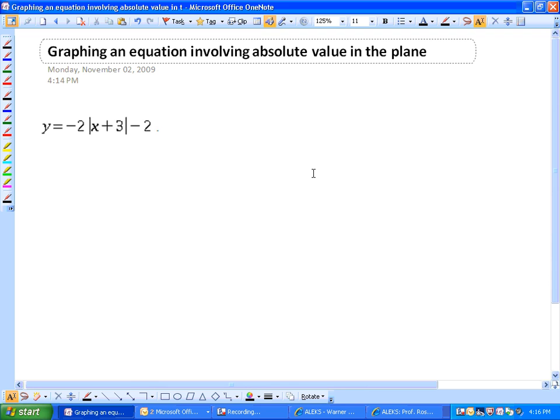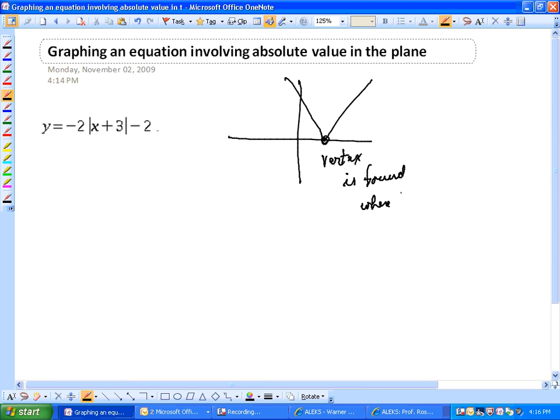There we go. Graphing an equation involving an absolute value in the plane. So we have an absolute value here. The lowest point of the absolute value, we know these things look like V's, or we should by now. This point, the vertex, is found where the absolute value equals 0.